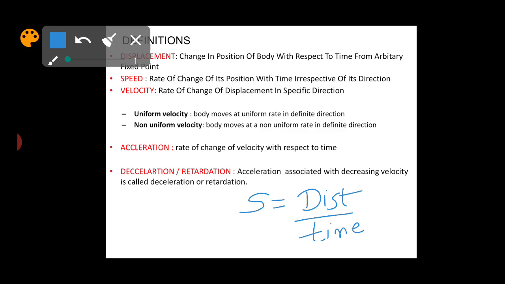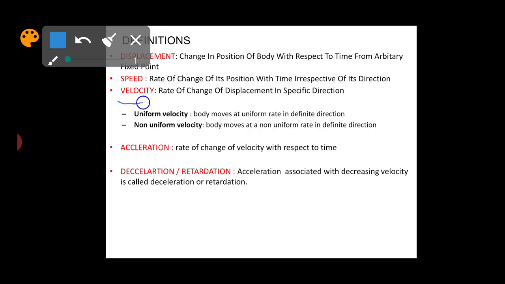Speed is a scalar quantity. The unit of speed is meter per second, or it is given as kilometer per hour. I request all the students to please note down the things being written on the screen so that it will be easy for you to remember.